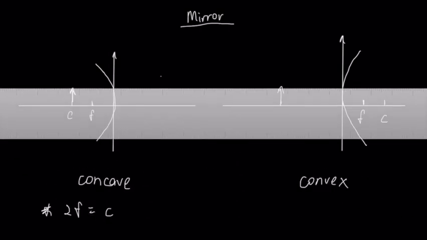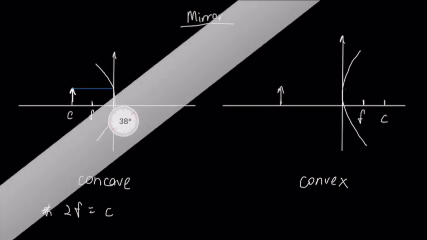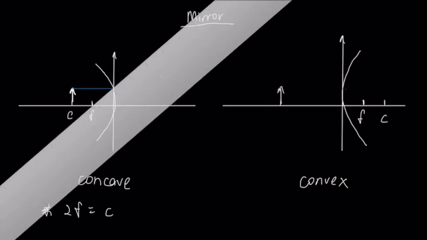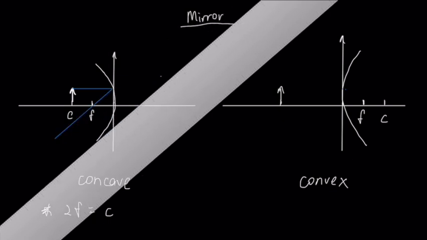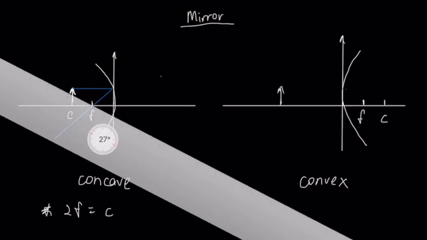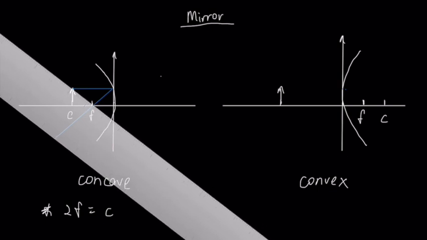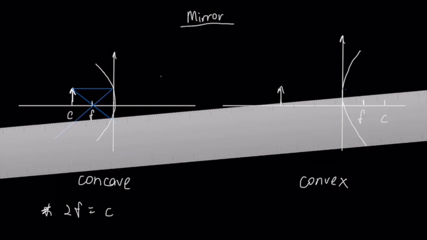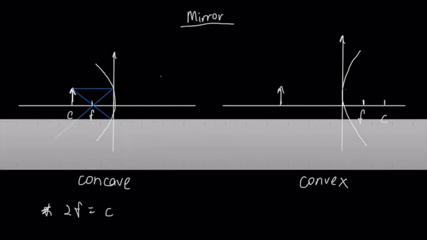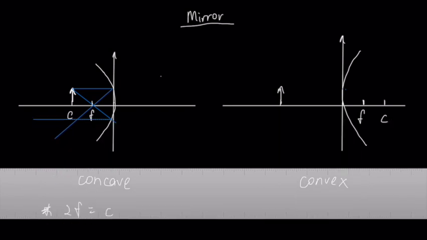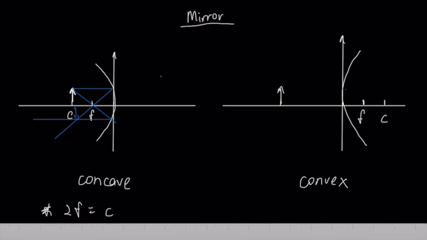It goes to the mirror, it goes down, and then after that it will go through the focal point, then it will reflect here. Oh shit, there must be some error, because normally it should intersect right at the center.